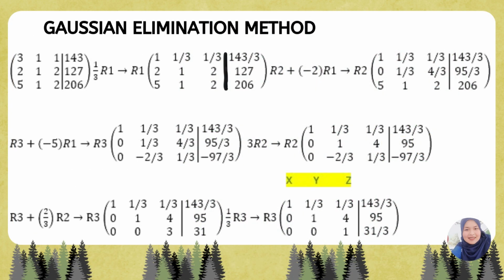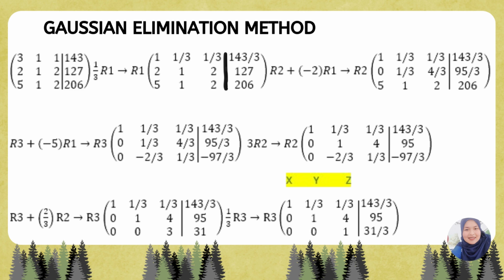So the first step, as we know, we need to apply ERO, which is we need to make sure every row has a leading one and below the leading one must be 0. So the first step I do is 1 over 3 R1 equal to R1. Next, R2 plus minus 2 R1 equal to R2.